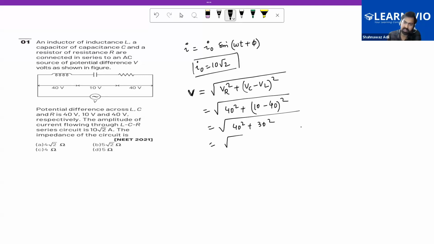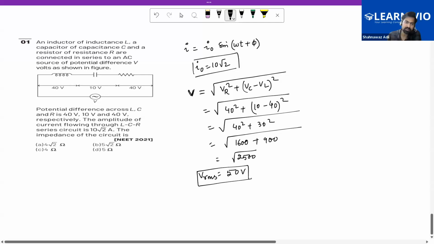So this is 1600 and then this is 900. So this is 2500, so this is 50. So we know that VRMS is 50 volts.